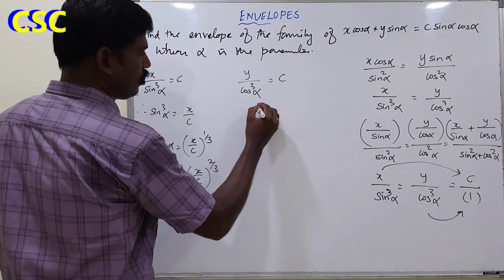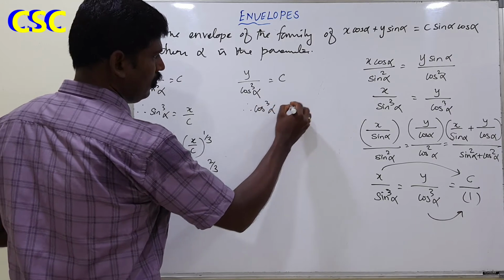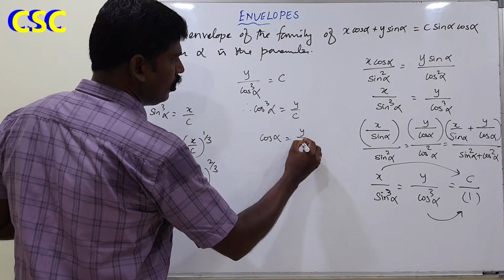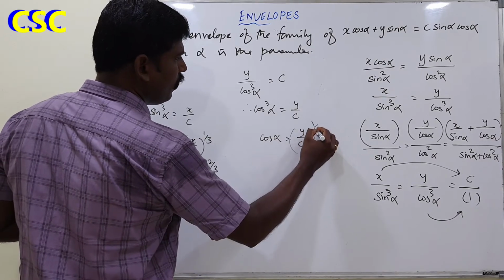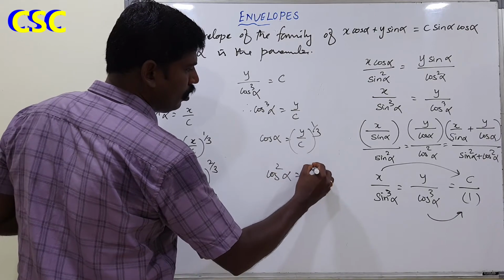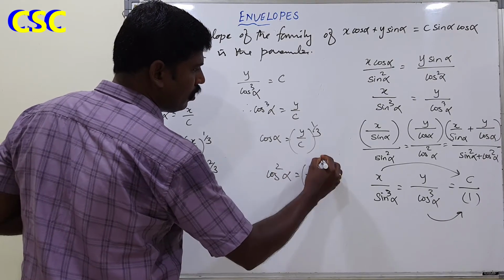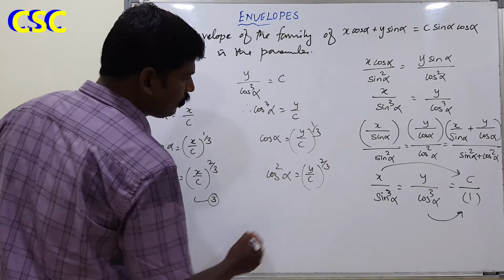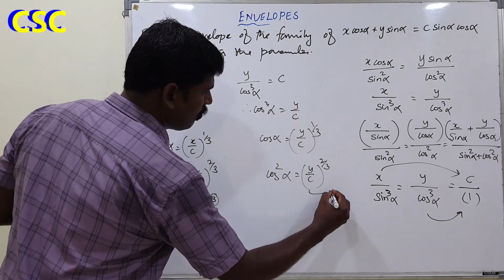Therefore, cos cube alpha equal to y by c, cos alpha is equal to y by c the whole power 1 by 3. So cos square alpha equal to y by c the power 2 by 3. This is equation number 4.